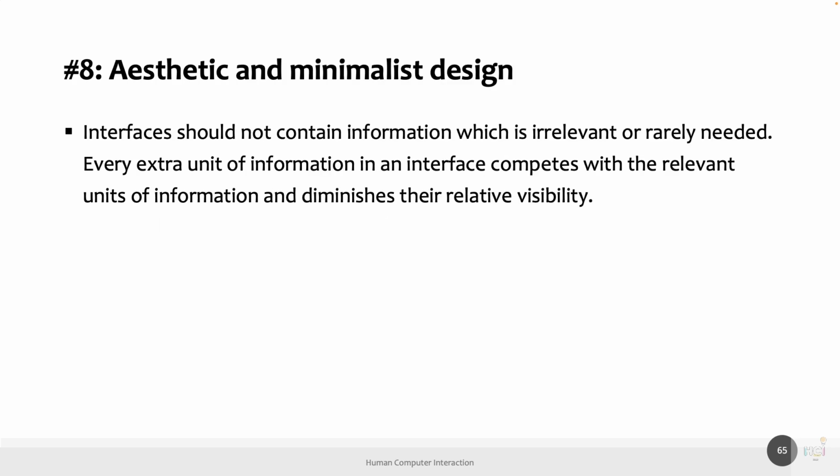Okay, we are at heuristic number 8, aesthetic and minimalist design. Interfaces should not contain information which is irrelevant or rarely needed. Every extra unit of information competes with the relevant units of information and diminishes their relative visibility. So this heuristic is also related to fonts and colors, but it can also be relevant to a paper-based prototype because it also refers to the amount of information displayed on a screen.